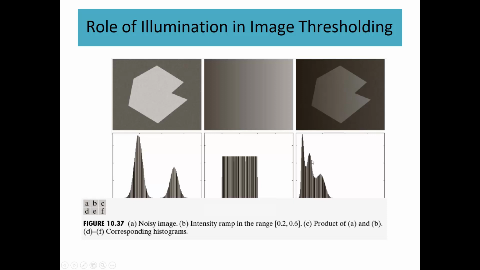So we cannot choose a single global threshold value that will segment this output image. We need some kind of additional processing to segment this image.